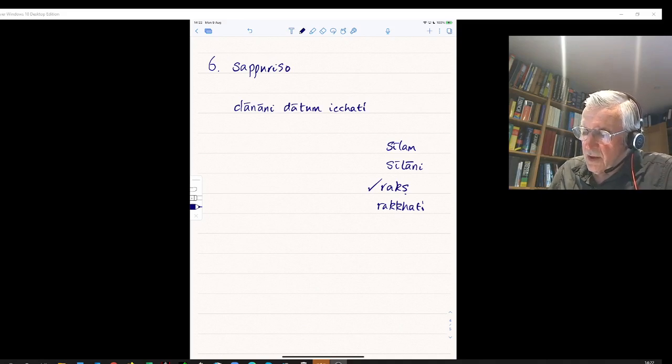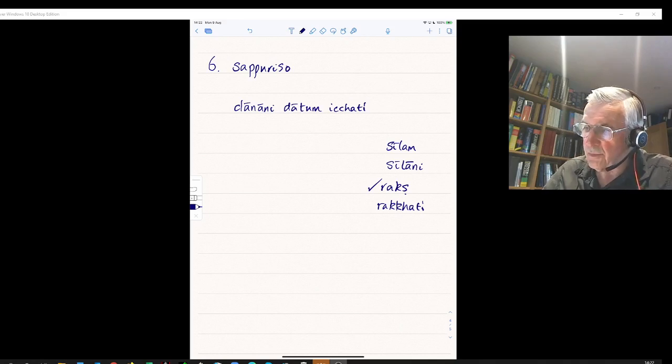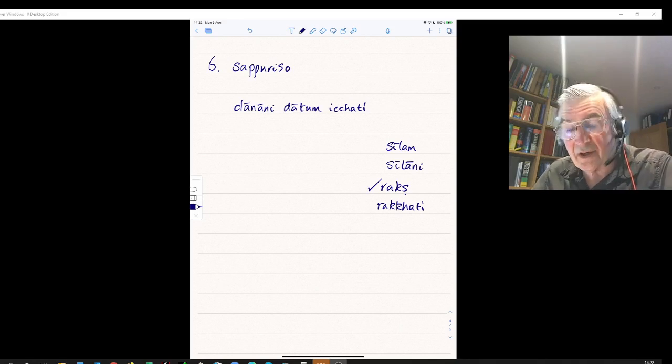So the good man wishes to protect virtues, or we can say having protected virtues to give alms. We could say sappuriso silani rakitva danani datum ichati.